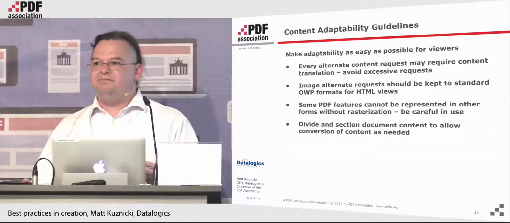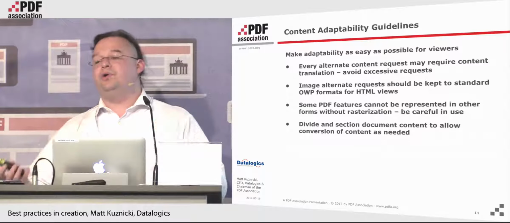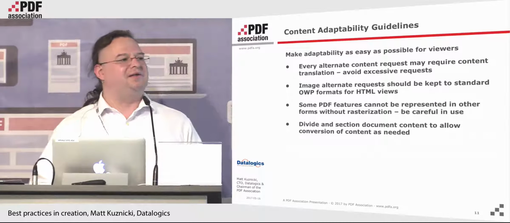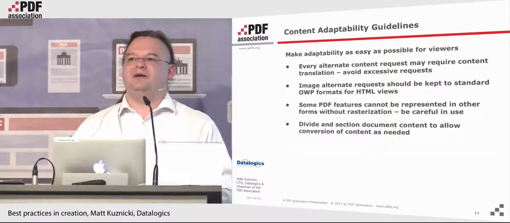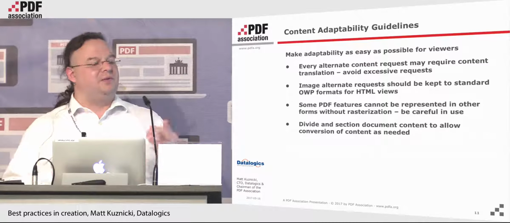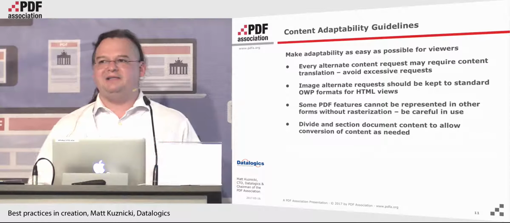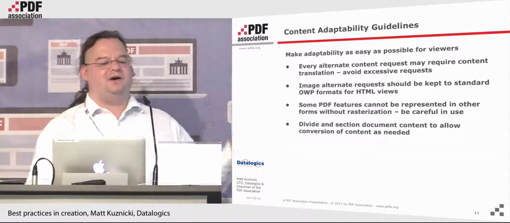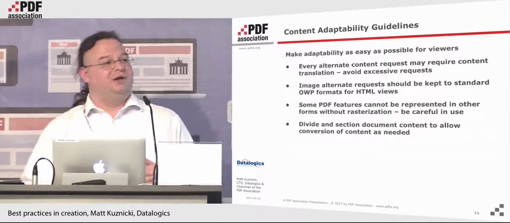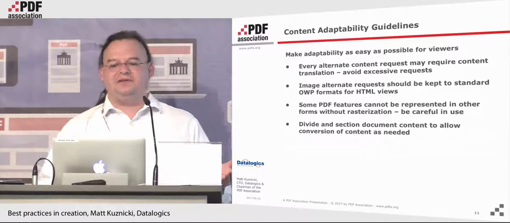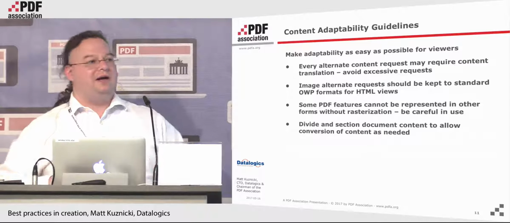Typically within a second, your user will go on to something else, or your viewing program may well decide that you have consumed enough processor and it will just cut your display off. So we want to use alternates as they make sense, but we want to be cognizant that they come with a cost. Open Web Platform, the OWP, is a great toolbox to think about when requesting alternative assets.